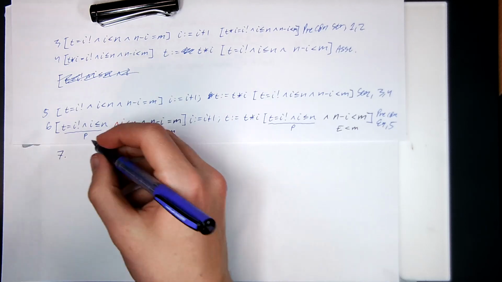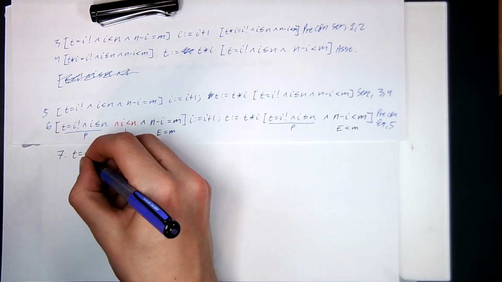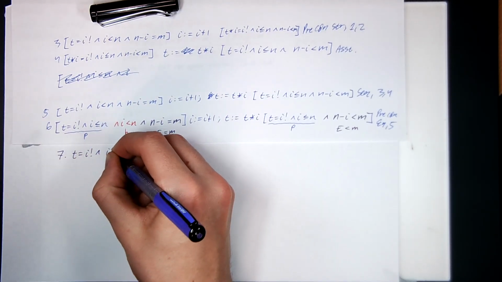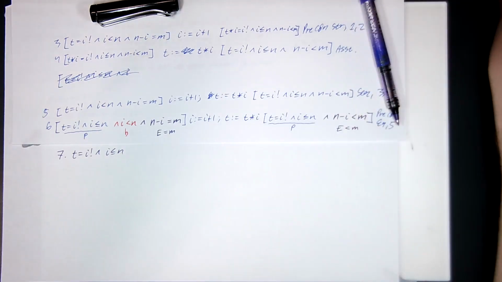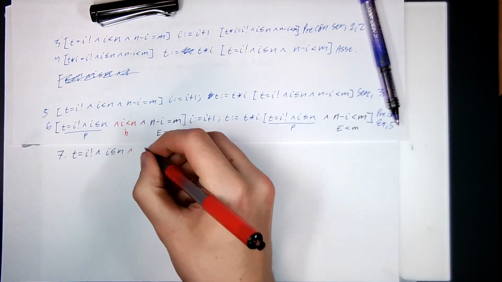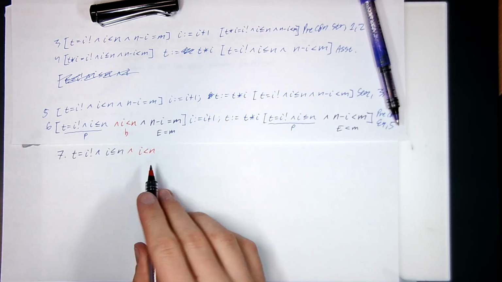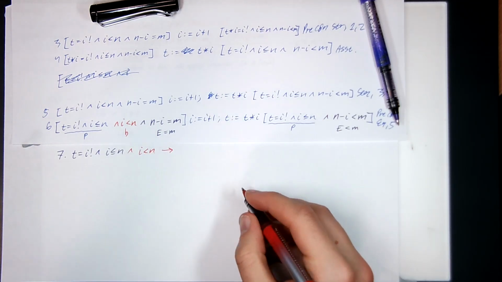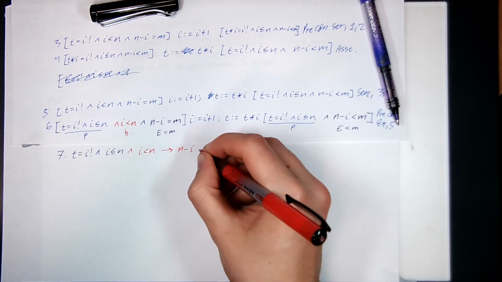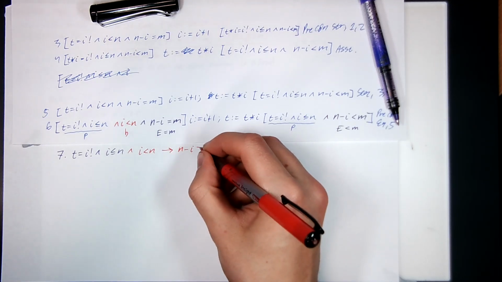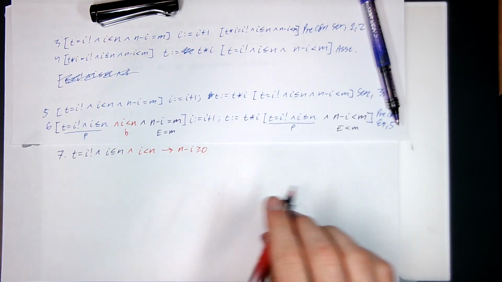So P was T equals I factorial and I less than or equal to n. That's my P. And B was I strictly less than n. Does this condition imply E, which is n take I, is greater than or equal to 0? Is this true?